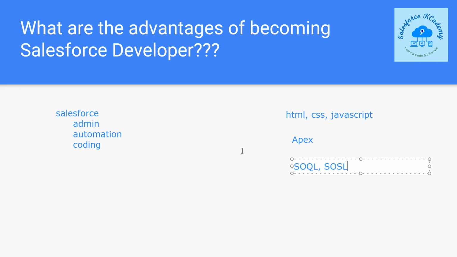Any software, not only Salesforce, even Facebook, Instagram, or Google, whatever it is, there are three parts in any software. The first level is UI, user interface.